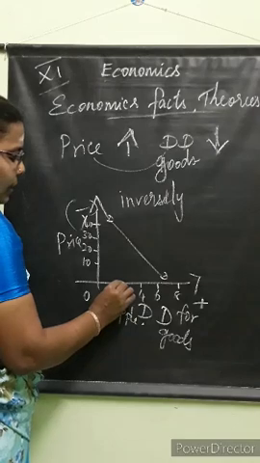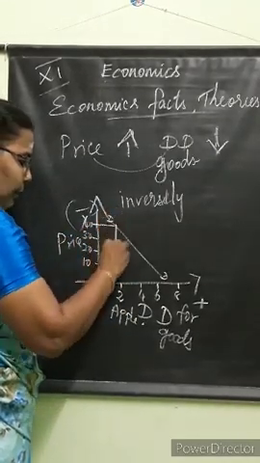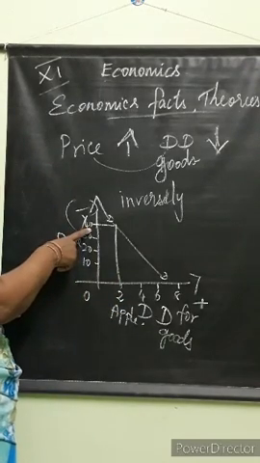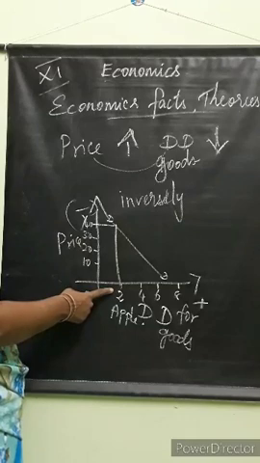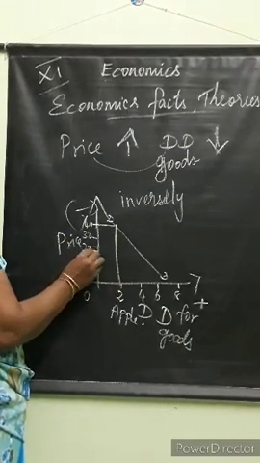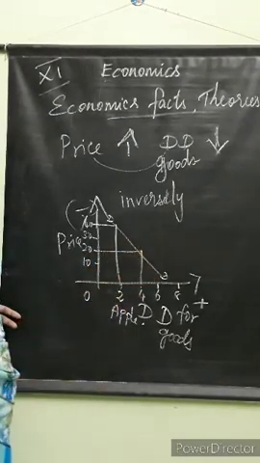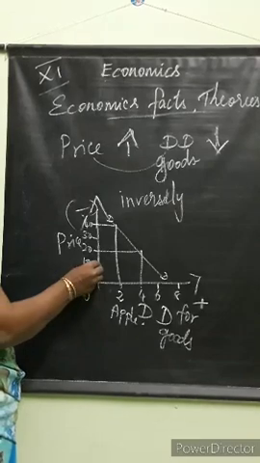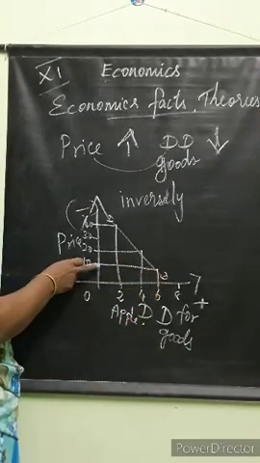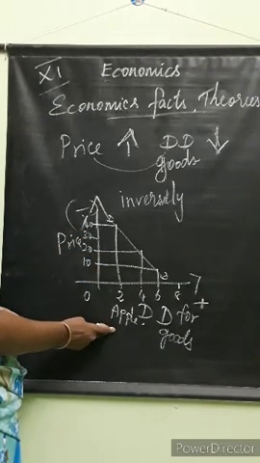If the price of the apple is 40, I will buy only 2 apples. If the price rises, the demand goes down. If the price of the apple is 20, I will buy 4 apples. If the price of the apple is 10, I will buy 6. So, if the price rises, the demand goes down.